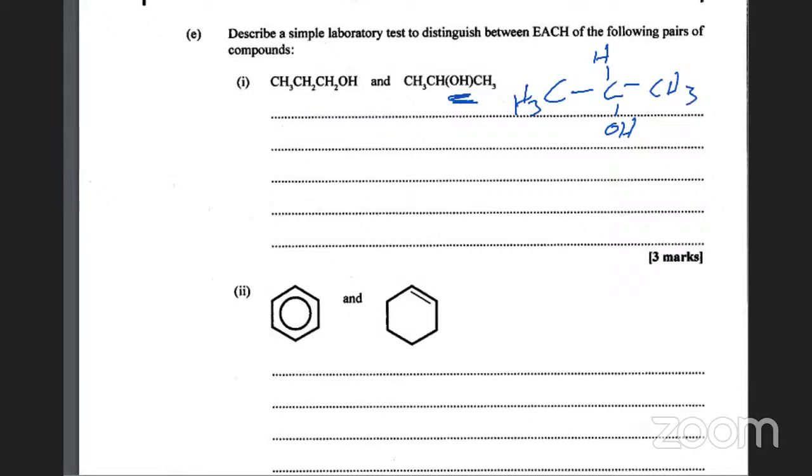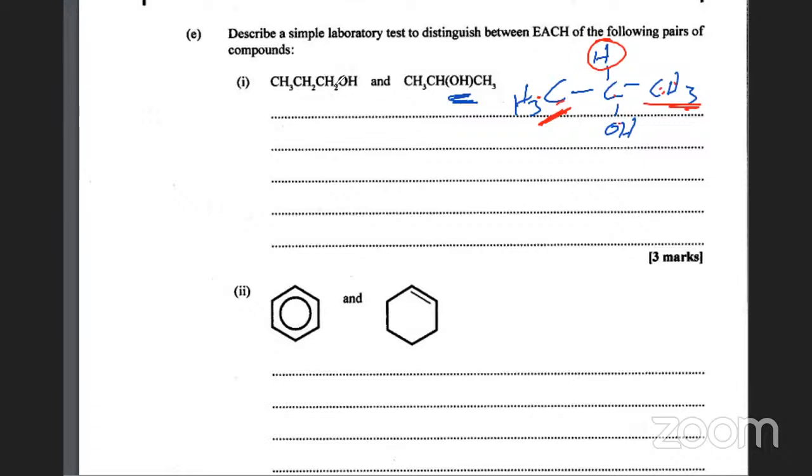So you can use 2 things to know if it is secondary: the amount of carbons or the amount of hydrogen. 1 hydrogen, it is secondary. And as the person said earlier, there are 2 carbons directly attached to this carbon with the OH group. So you are correct. This is secondary and this is primary.